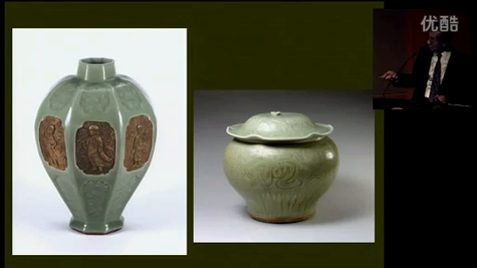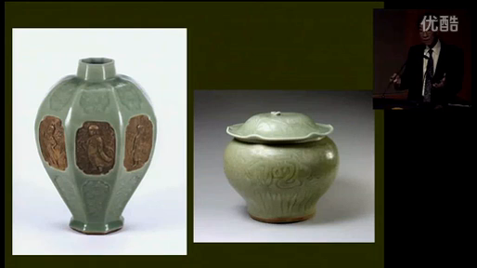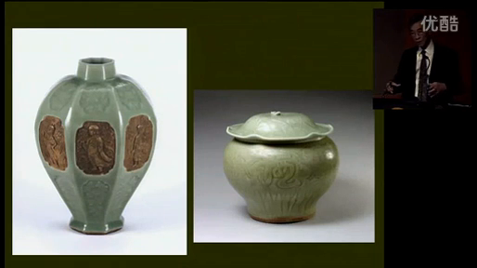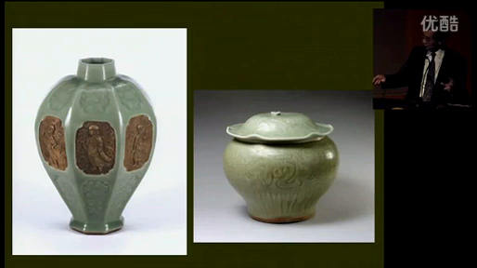Traditionally, in South China, they would only have decoration by incising on the clay body before glazing, so that the decoration never interferes with the form. Whereas in the Yuan period, once North and South China were integrated, there was a radical change in potting style.